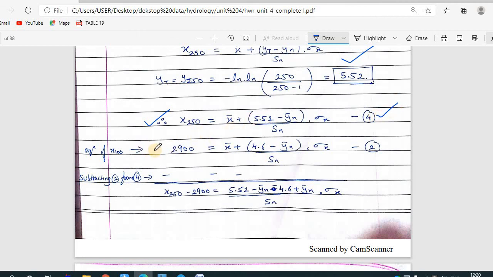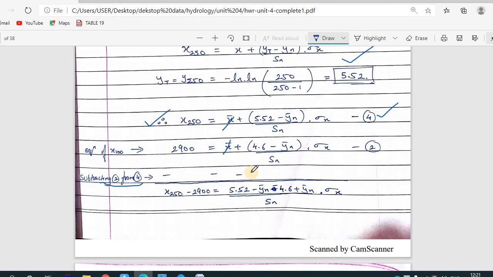Okay, and we will subtract from it our second equation, which is 2900 equals x bar plus 4.6 minus y bar n divided by Sn into sigma x. So subtracting equation number 2 from 4, the equation will be what? X250 minus 2900 equals to what? This will get cancelled. 5.22 minus y bar n minus 4.6 plus y bar n, okay, divided by Sn into sigma x.